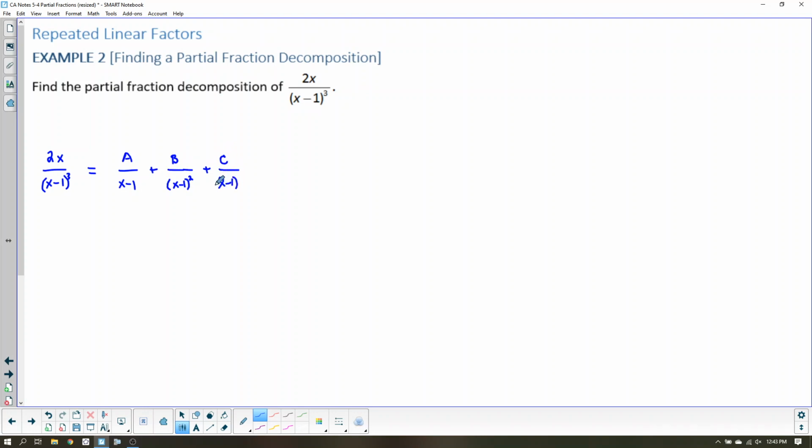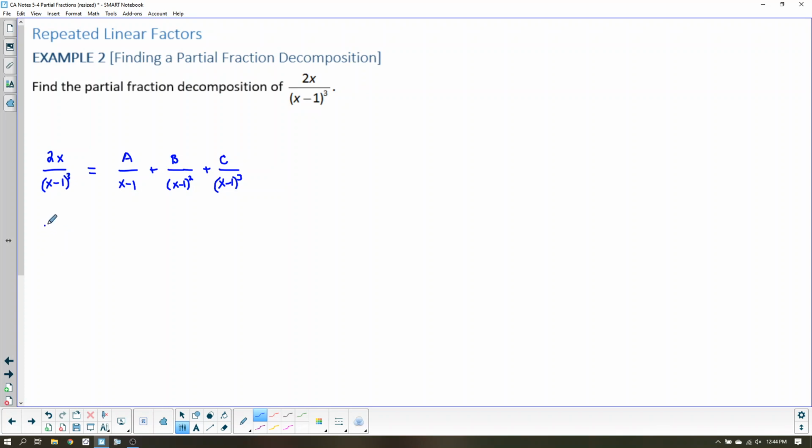So this is the decomposition. For each repeated factor, meaning for each multiplicity, you have to have a fraction of increasing power on each of those. Okay, so again, next step is we're going to multiply each term by this denominator.